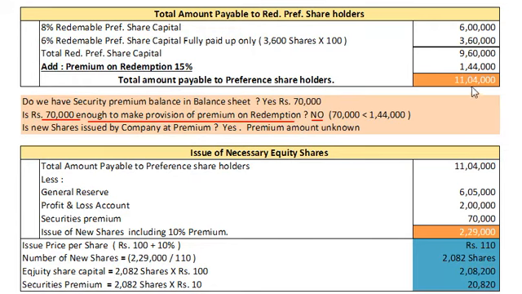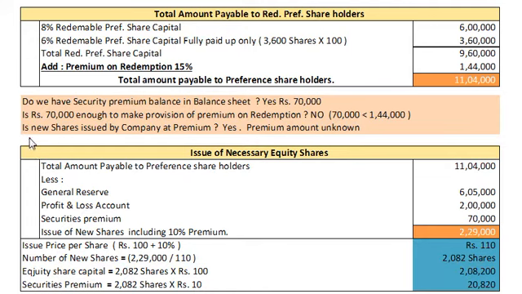Why? Because I need 1,44,000 for premium on redemption, but have only 70,000 rupees as securities premium. It means 70,000 is not sufficient to provide 1,44,000. 70,000 is less than 1,44,000.